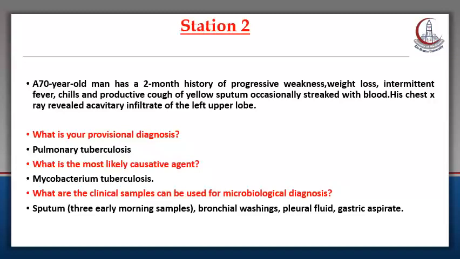But don't forget, sputum must be given in the early morning and 3 samples for 3 successive days to be reported negative or positive for pulmonary tuberculosis. If we are having trouble in getting sputum, we can have bronchial washings, pleural fluid or gastric aspirate. Don't forget this in the case of children.